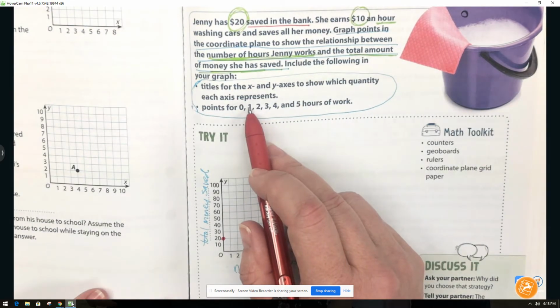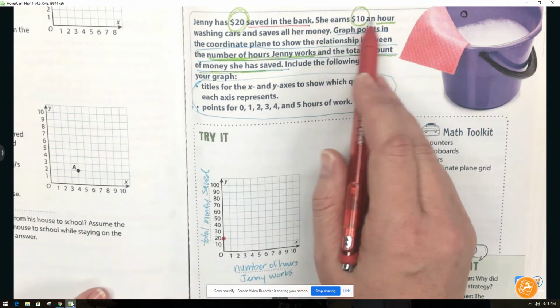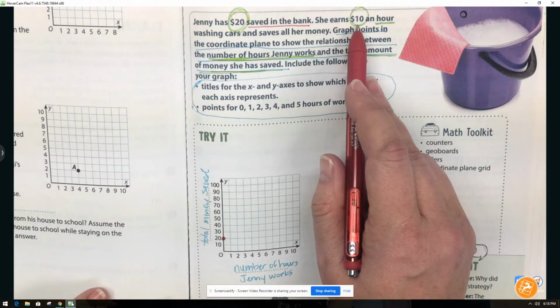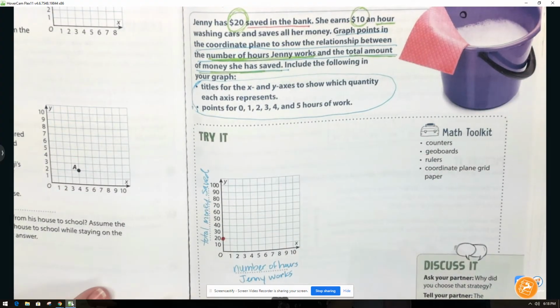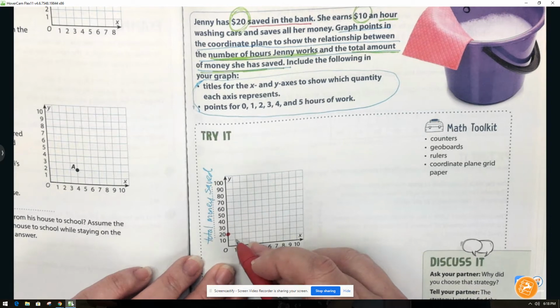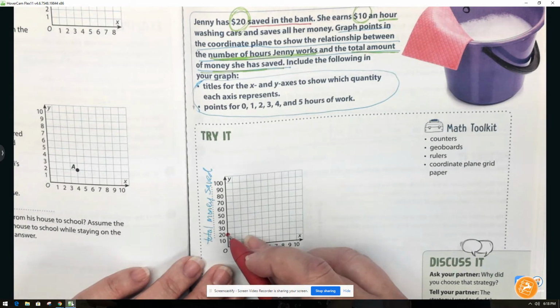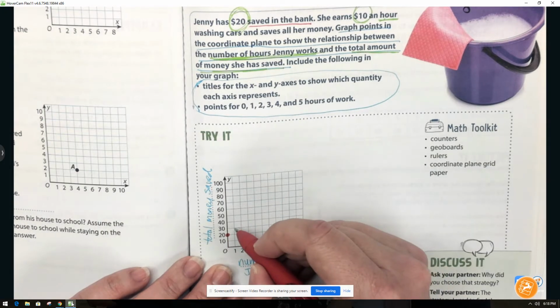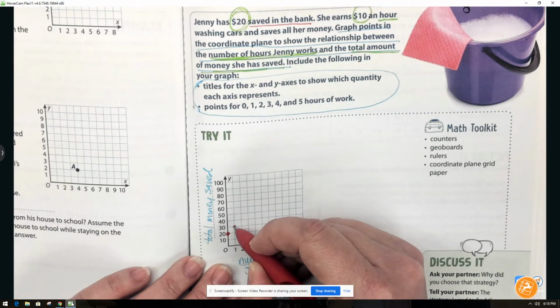Now, if she works for 1 hour, how much money does she make working for 1 hour? That's right, she makes $10 an hour. So if she works for 1 hour and she makes $10 an hour, do I put a point at the 10? No, I don't, because we have to add that $10 to the $20 she already had. So if she already had $20, in 1 hour, she's going to make $10 more.